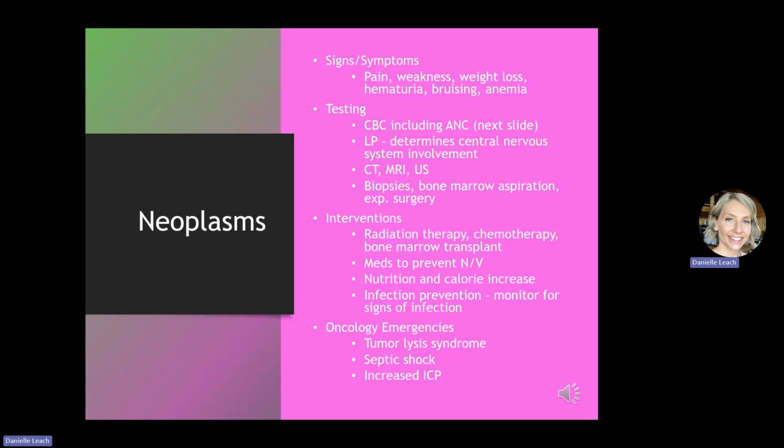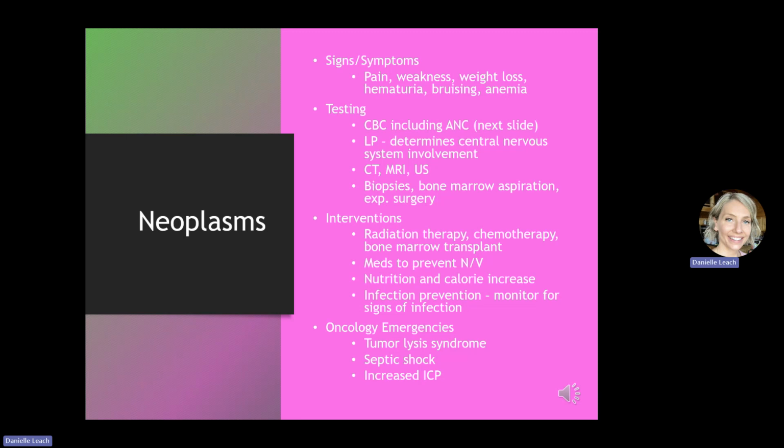So the tumor being destroyed is, of course, a great thing, but when it is destroyed, the tumor itself can release a bunch of different materials, mainly things like electrolytes. So these tumor cells can release a lot of potassium, calcium, phosphates, uric acid.